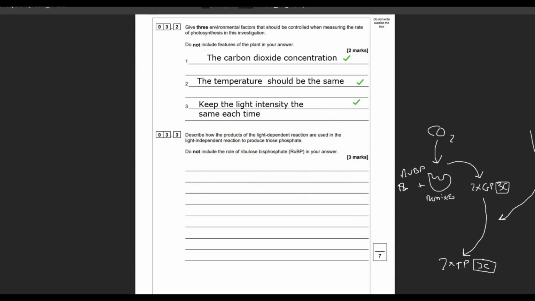Remember, the light-independent reaction is happening in the stroma, the Calvin cycle, and on the thylakoid membrane we have chemiosmosis, where we make ATP, and the ATP is going to be turned into ADP plus inorganic phosphate. You use 2 ATPs and they become 2 ADPs plus inorganic phosphate.